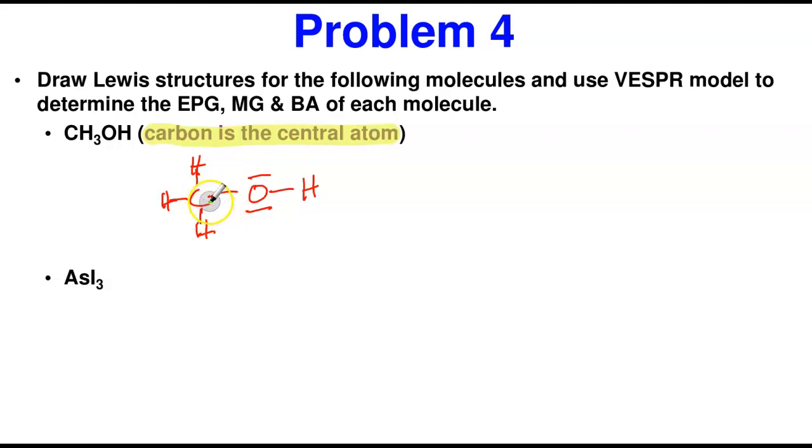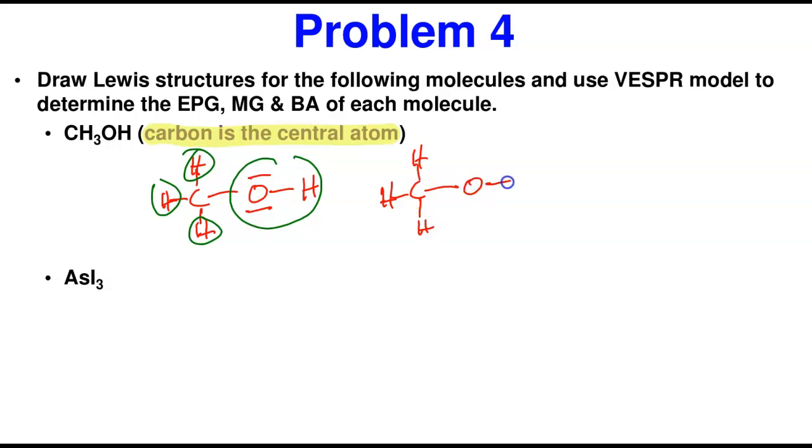So if you look at this carbon, how many things are attached to it? Let's see: 1, 2, 3, 4. Therefore, the electron pair geometry is going to be tetrahedral, and it's the same thing with the other one. If I want to draw the other one, it's just going to look exactly the same. It's not going to change.